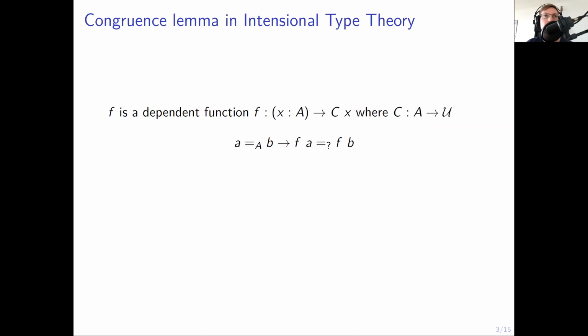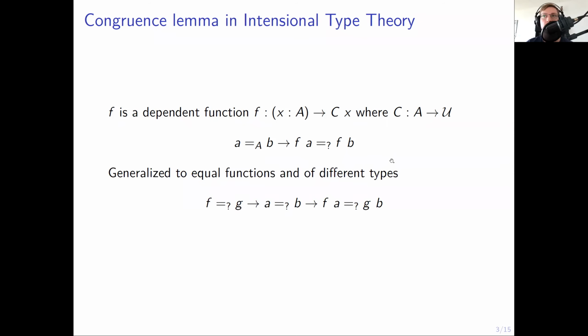And we are not able to state that in just plain intensional type theory without new constructions. To make matters worse, we have to state this lemma, which is about equal functions and of different type as well, meaning that every equality we have will need to be this heterogeneous equality.